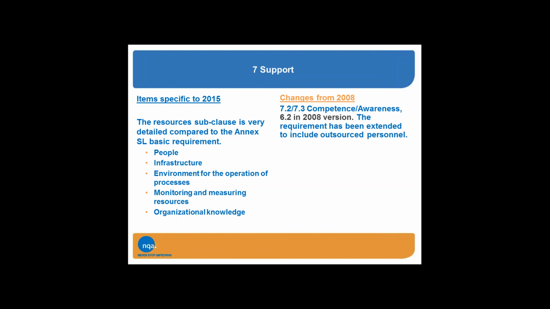So again, in general, 2015 brings a lot more emphasis on the external influences to our management system, as well as the internal issues. So everyone, internal and outsourced, must be aware of the policy and objectives. So any reference to external provision, outsourcing, this is what we traditionally thought of as purchased product.